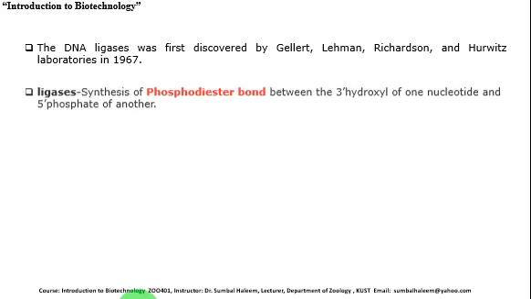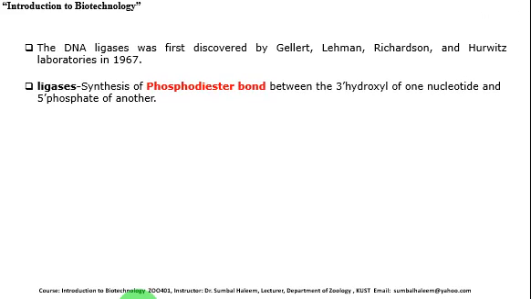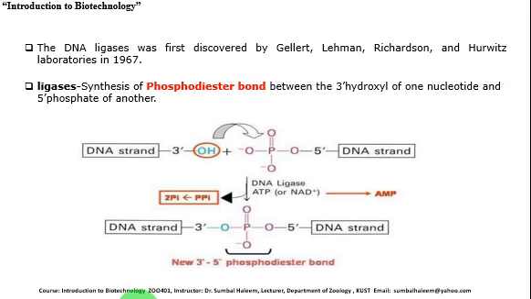What actually do ligases do? They synthesize a phosphodiester bond between the 3' hydroxyl end of one nucleotide and the 5' phosphate of another nucleotide. Here you can see in the diagram, this is one nucleotide and this is the adjacent nucleotide. Ligases form the phosphodiester bond between the 3' hydroxyl group of one nucleotide and the 5' phosphate group of another.